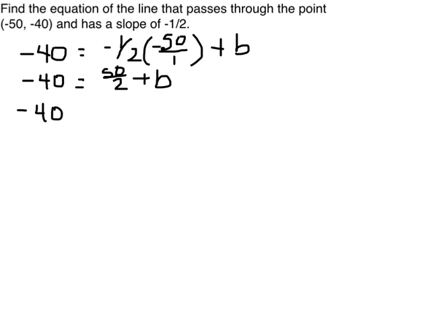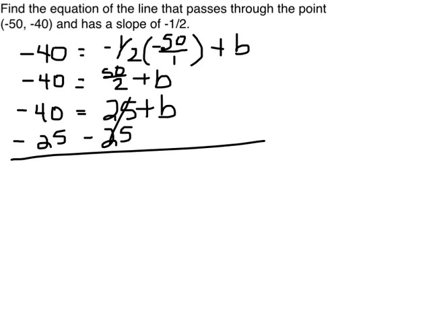Negative 40 equals 50 over 2 is 25 plus b. And now I'm going to need to subtract 25 from both sides. And I get negative 65 is equal to b.